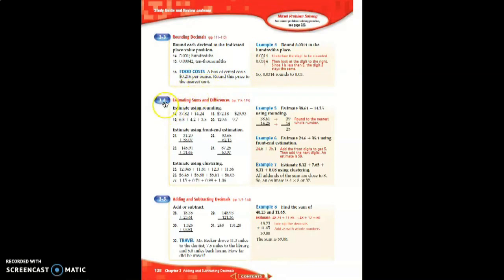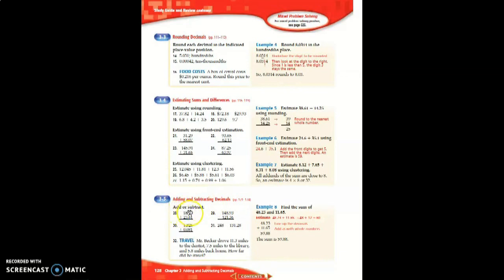3-4. Estimating sums and differences. Estimating using rounding. Estimating using front-end estimation. Estimating using clustering. 3-5. Adding and subtracting decimals.